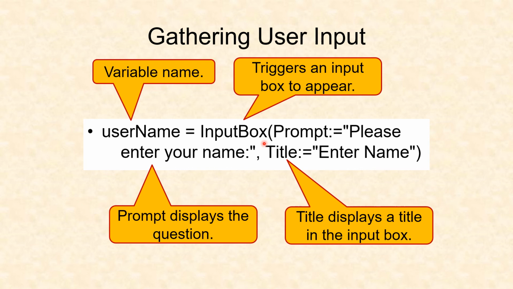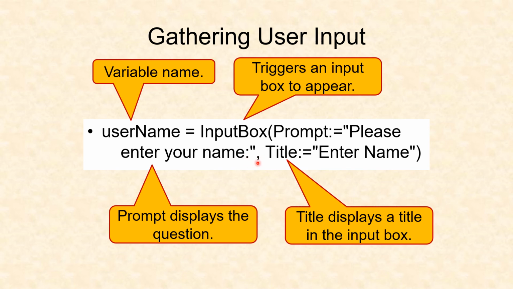The system will now open up a message box, and it's going to say, please enter your name. Whatever it's going to say, in parentheses, we have to say prompt colon equals, and then in parentheses we put the string. So I said, please enter your name with a colon after. And then I put a comma after this.